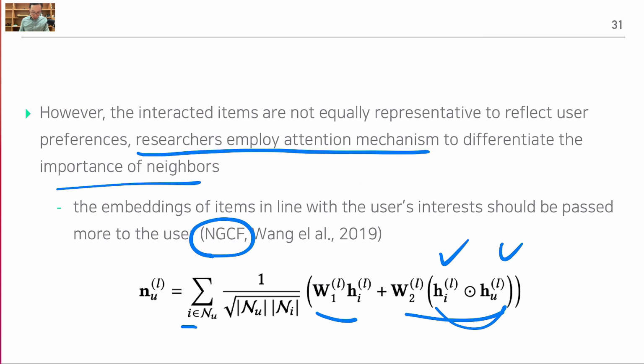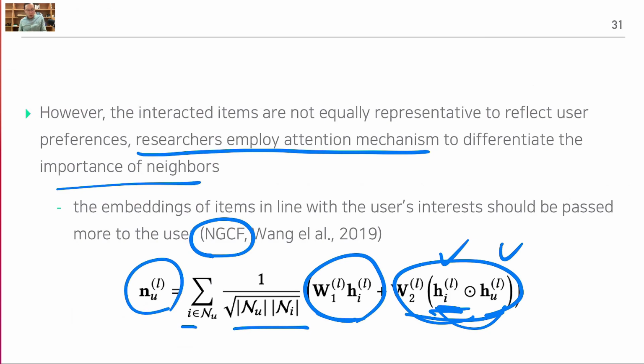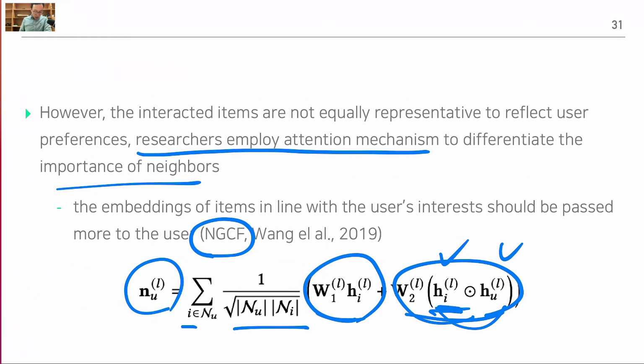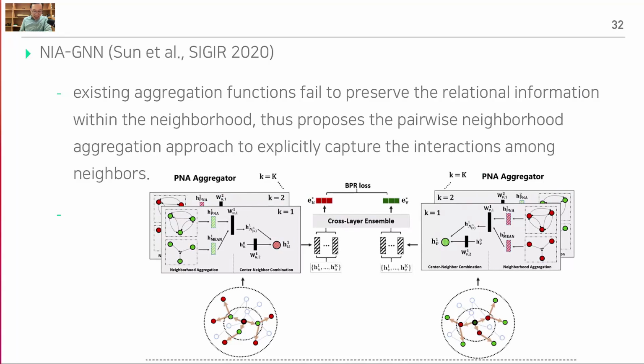And we learn the representation considering the user information, and we believe this reflects the user's preference, and it is combined with the user itself and in-degree normalization, to decide the temporal user representation. And that is the aggregator of the CF.